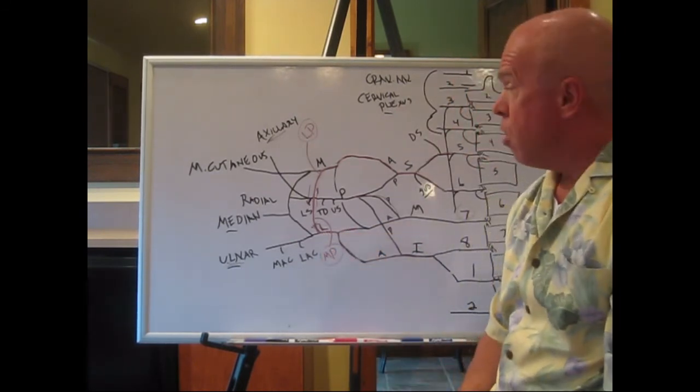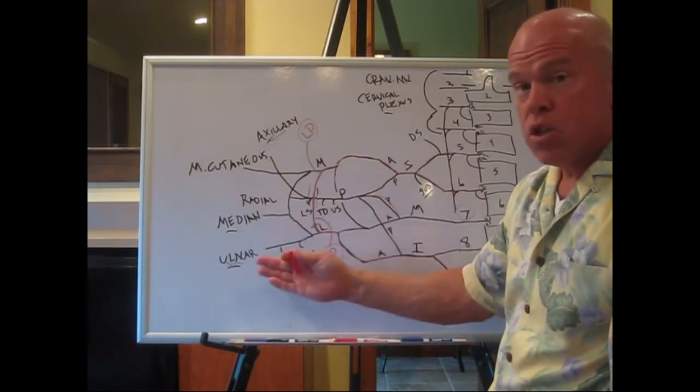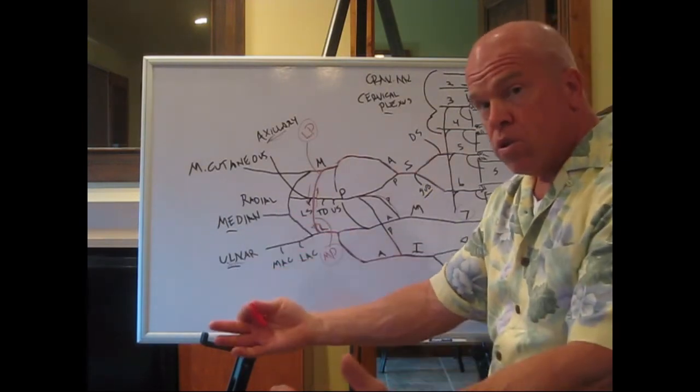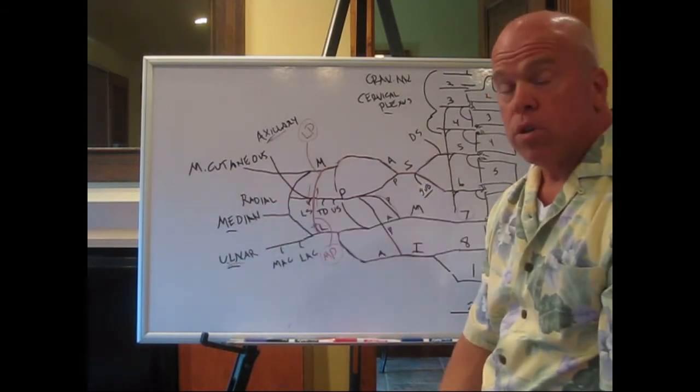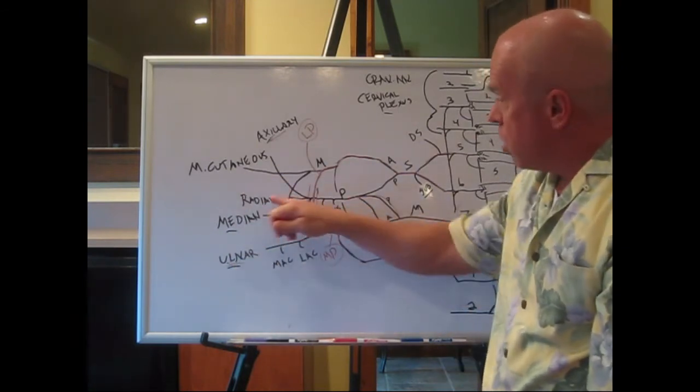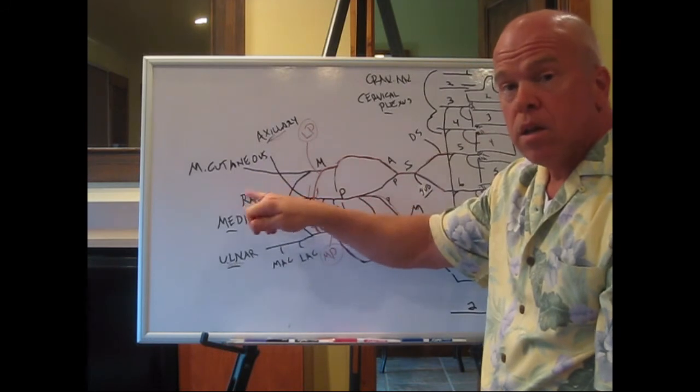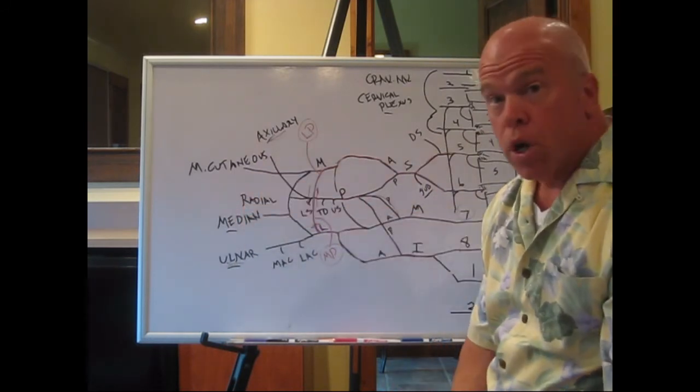Okay? So in this way we can see that the distribution of the nerve roots is much greater than the distribution of each of the named peripheral nerves, because nerve roots contribute to more than one named peripheral nerve.